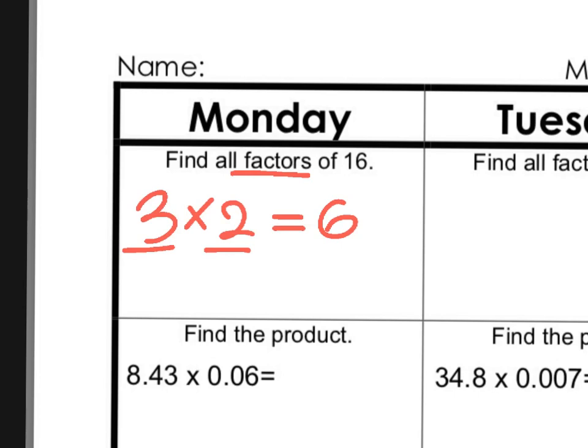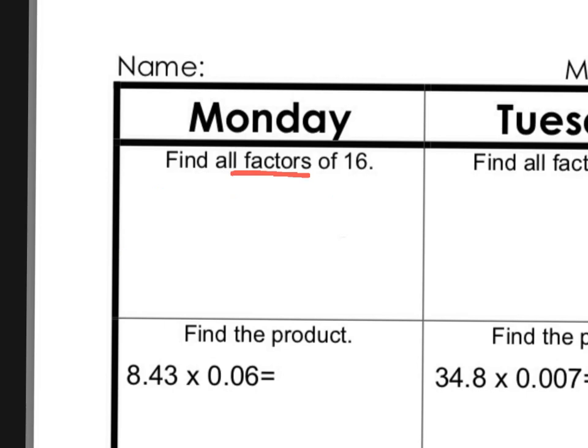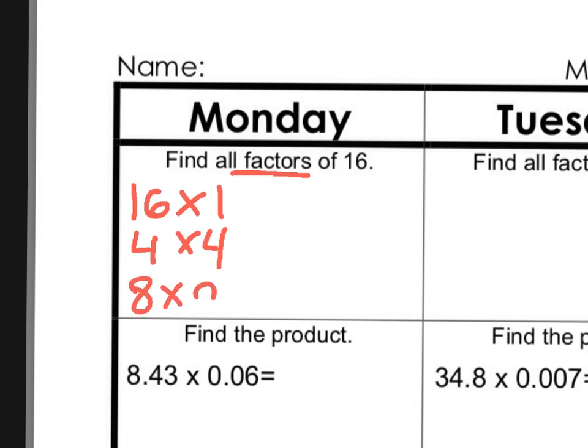Let me go ahead and erase this. To make 16, we can multiply 16 times 1. We can also do 4 times 4. We can also do 8 times 2. And I believe that is all.